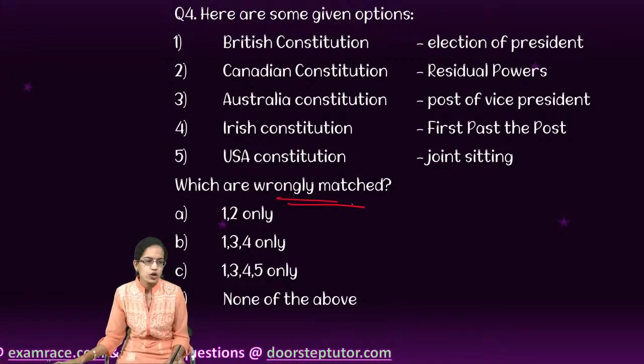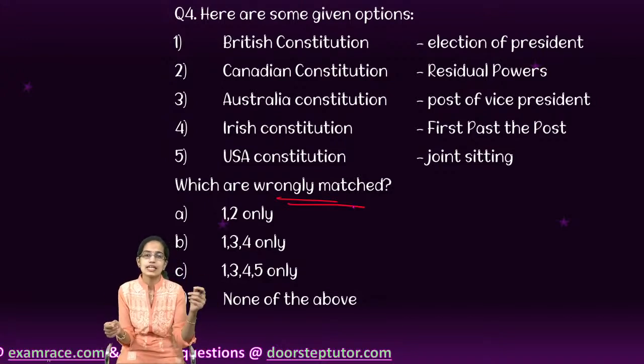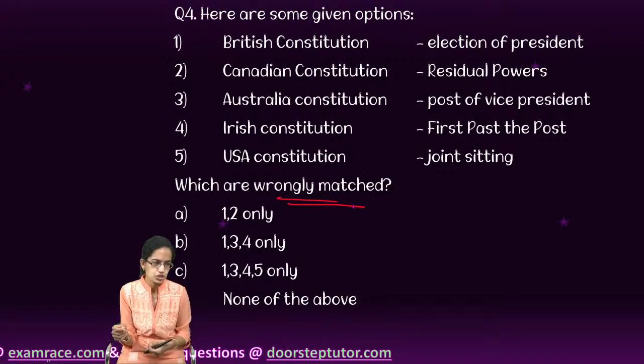So I am looking for question 4, the right answer again. Towards the end of this question, I would be providing you with a table that is a quick summary of the things we have taken from different constitutions. That is something you should memorize.